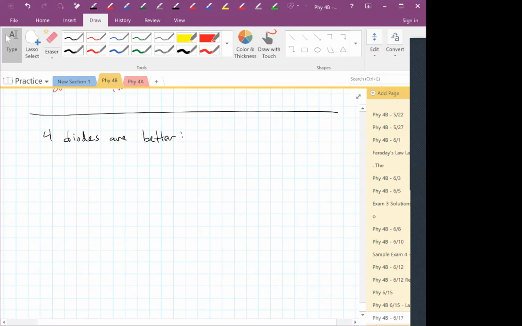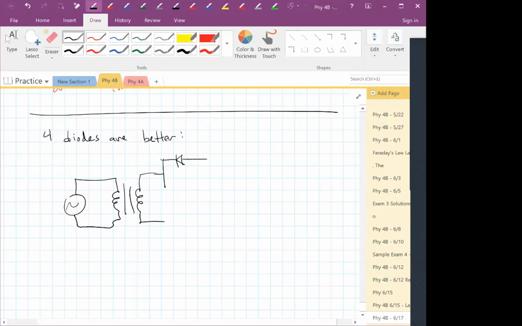What we get is this kind of a circuit. We have our source, we have our transformer. Oops, you get the idea. And over here, you have diodes, one going in one direction and one going in the other direction.